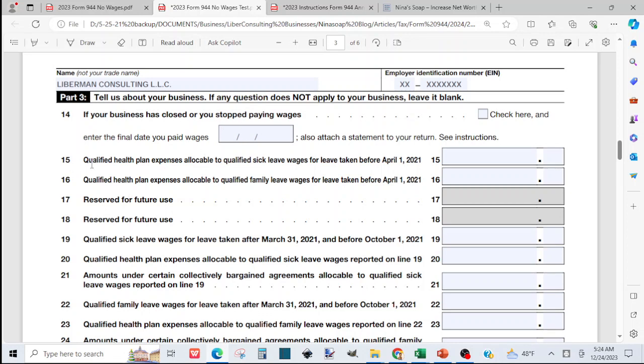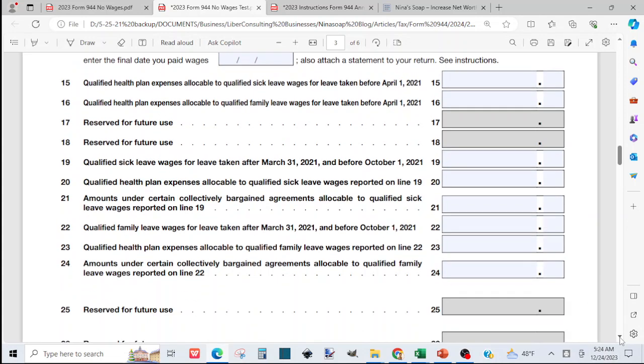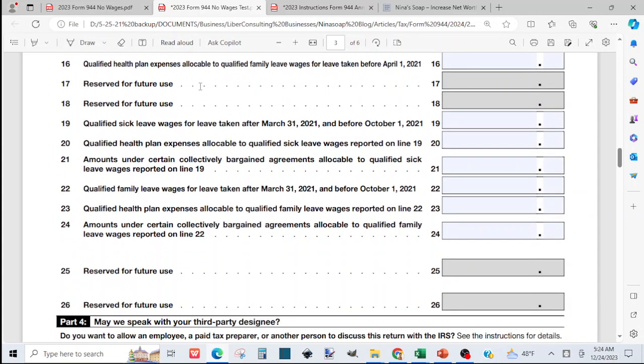So line 15, those are qualified health plan expenses. We are not going to read every single one of them because they may not apply to you. But again, if they apply, you might want to read the instructions on where you'll find those lines and read on them. But you have line 16, 19, 20, line 21, you leave them blank if they do not pertain to your business.